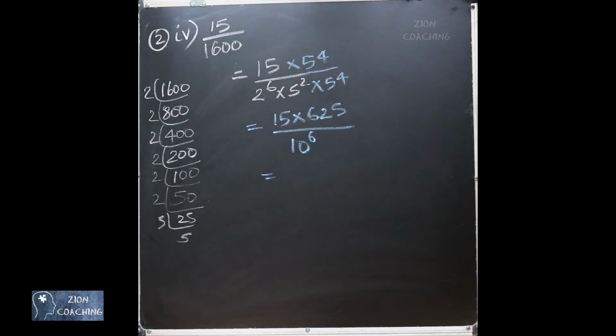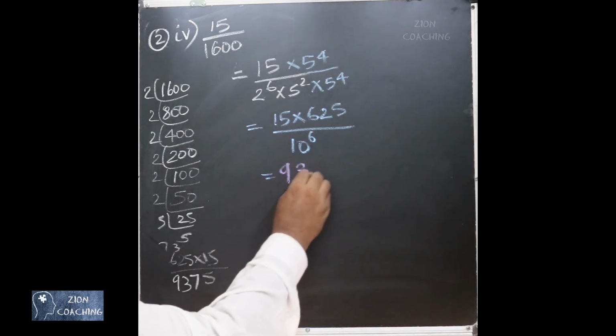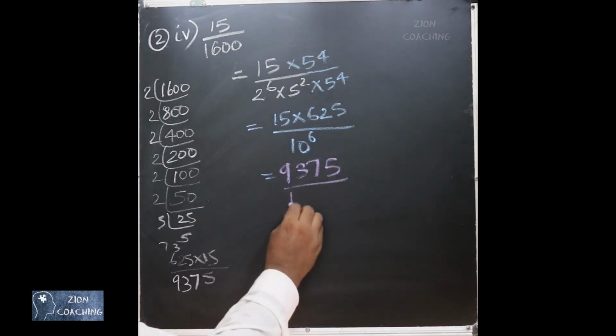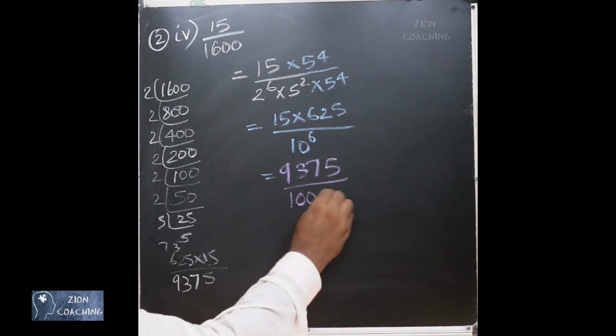When you multiply 625 by 15: 5 15s are 75, carry 7; 2 15s are 30, 30 plus 7 is 37, carry 3; 6 15s are 90, plus 3 is 93. So we got 9375 by 10 power 6, which is 1 followed by 6 zeros.